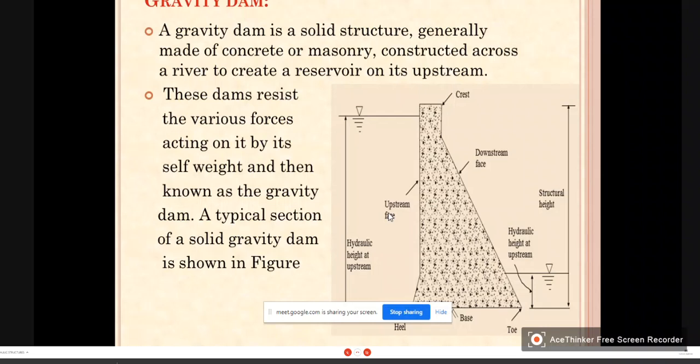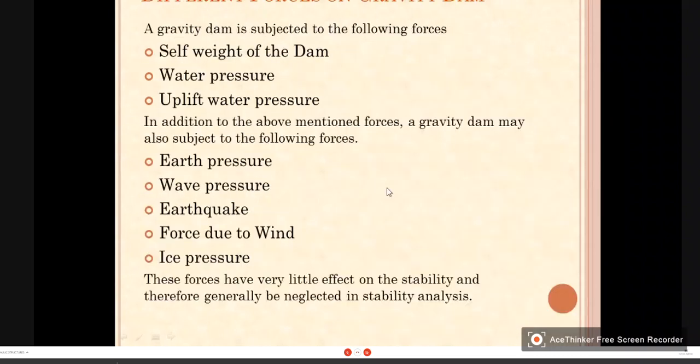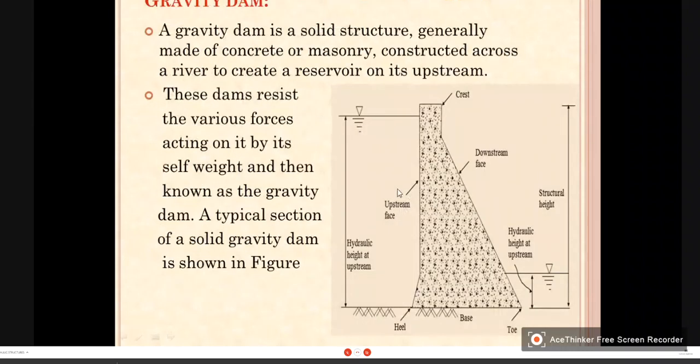A typical section of the solid gravity dam is shown in the figure, which is the upstream side and the downstream side, and the height of the hydraulic. It is the upstream side height, and it is the lowest height, and it is the toe, which is the heel, and it is the base. It is the downstream face, and it is the upstream face.